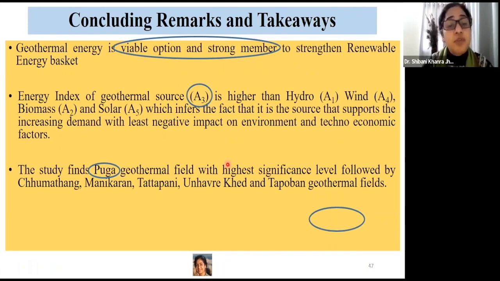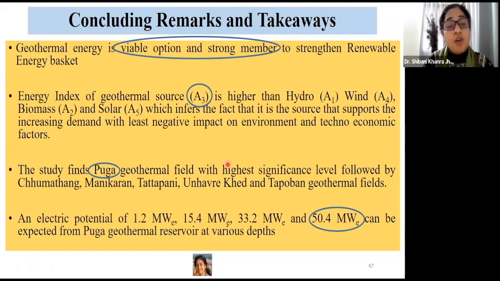So it has been found that Puga geothermal field, among all the other fields, shows very promising results with the highest significance level, followed by Chumathang, Manikaran, Tatapani, Unavadekhed, and Tapoban geothermal fields. So the initiation of the pilot plant, etc., can be taken at Puga geothermal field, followed by the others as indicated.